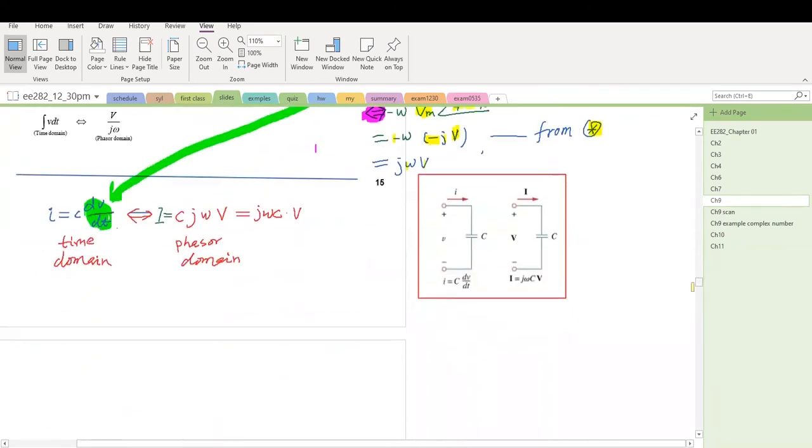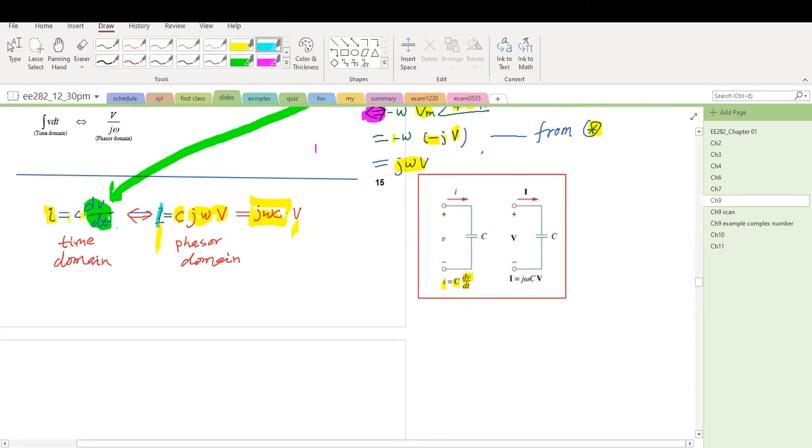Let's look at the capacitor. So I equals C dV/dt. Then what is I? The phasor of I will be C times j omega V. Organized a little bit, that equals j omega C of V. So this is the phasor of I, this is the phasor of V, and this is in phasor domain.